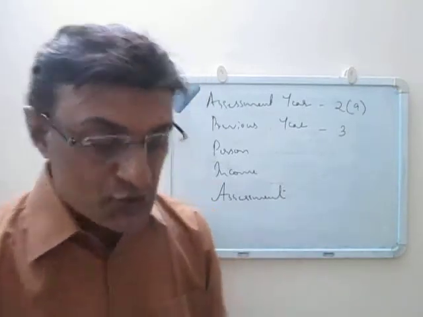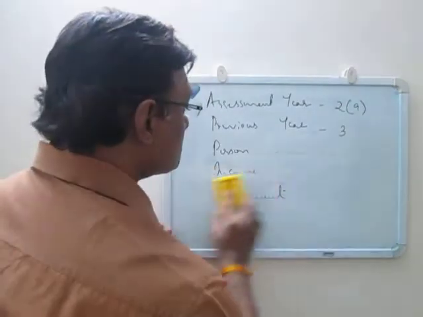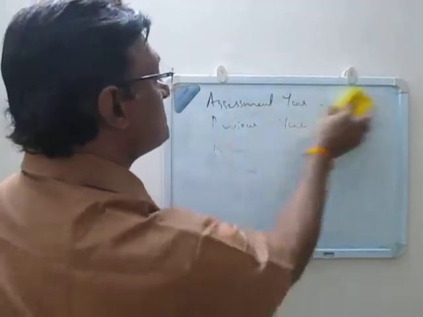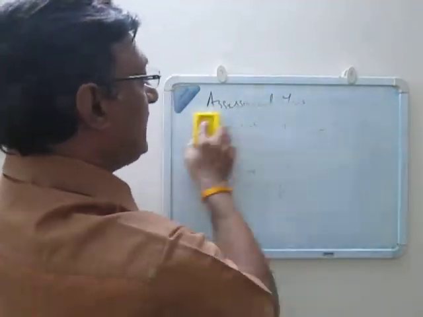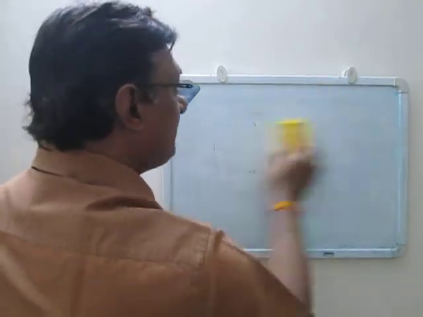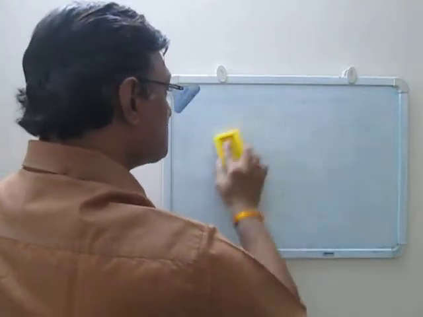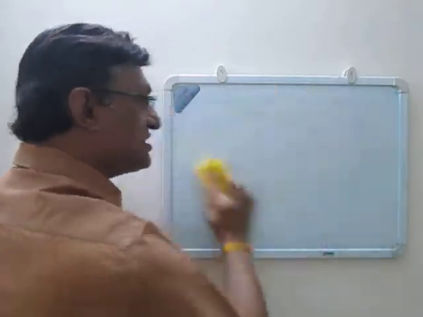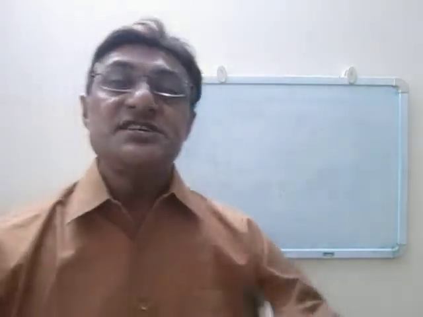So we move into these two definitions now. The concept of assessment year and previous year in the Income Tax Act. I am coming to the first definition, which is relevant at this point of time. Others will take it up by and by. Assessment year.